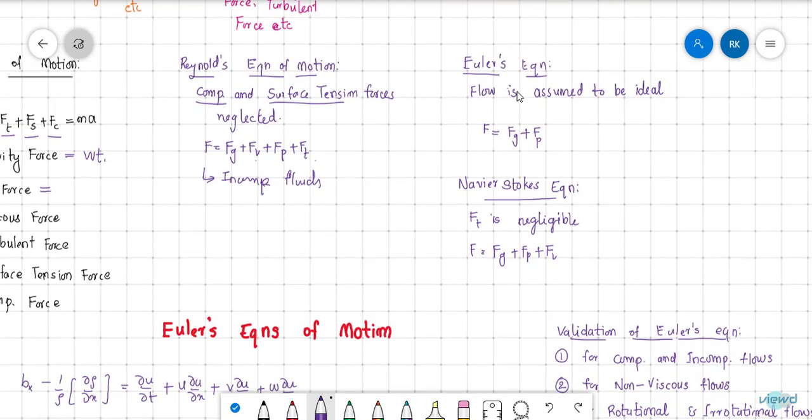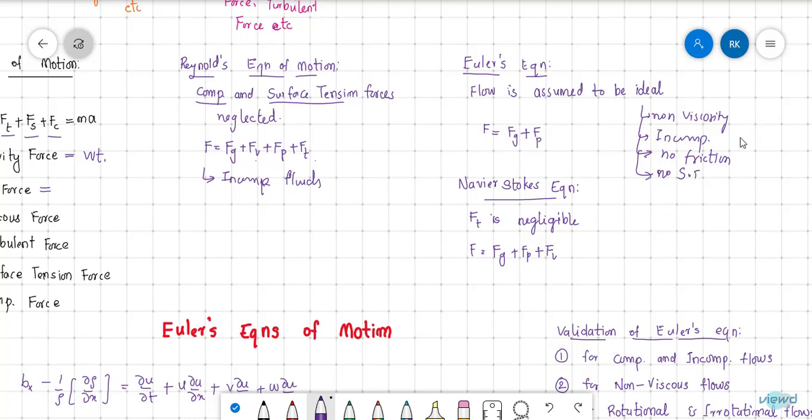Next, Euler gave another equation. We will study this Euler equation and Bernoulli's equation in detail. In Euler equation, flow is assumed to be ideal. Ideal flow means no viscosity, incompressible, no friction, and no surface tension.